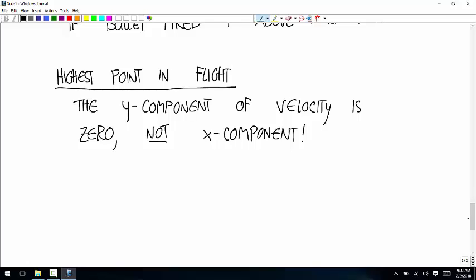So a lot of people, on the first thought, would think, okay, we're just switching from scalar values to vector values, so at the highest point, the velocity is equal to 0.